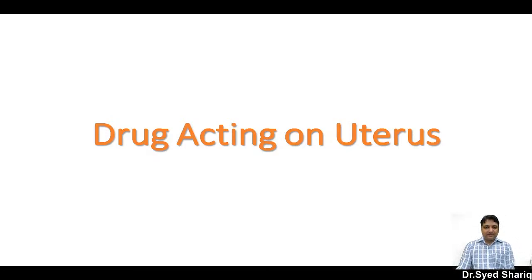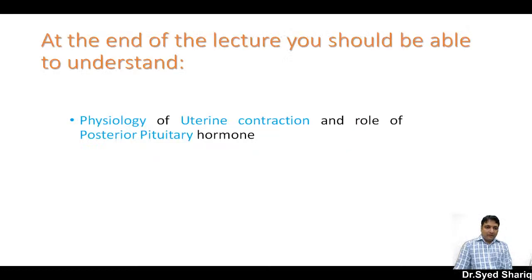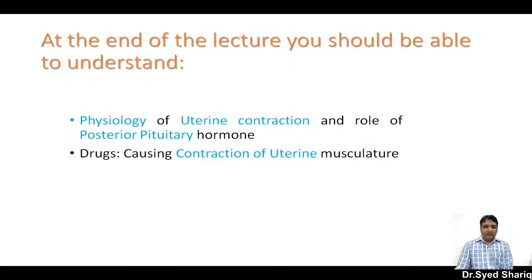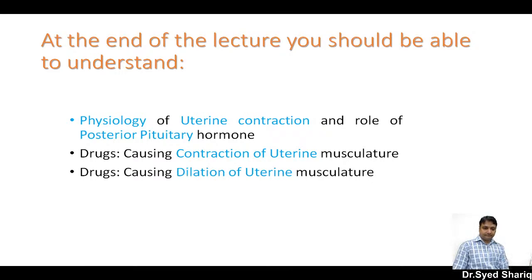So the next part of the lecture is the drugs acting on uterus. By the end of this class, we'll try to understand the basic physiology of uterine contractions, and the role of posterior pituitary hormones. We'll discuss the main drug which can cause contraction of the uterine musculature.